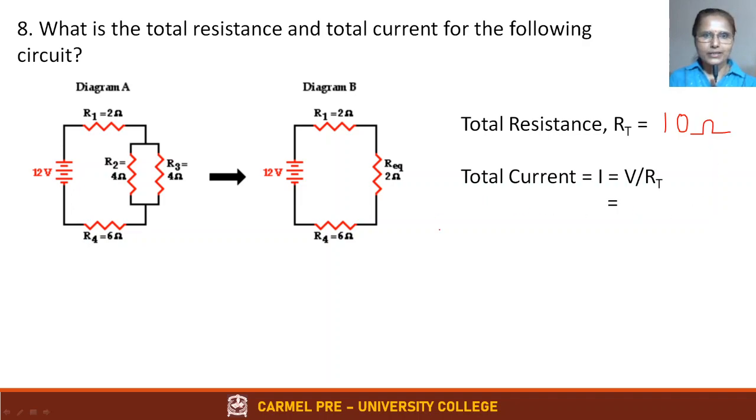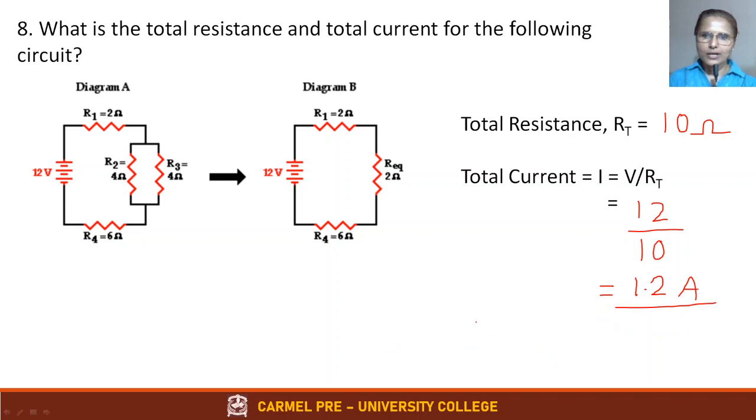And what is total current? Total voltage is 12, divided by total resistance, what we calculated is 10. What is 12 by 10? Equal to 1.2 amps. This is the total current.